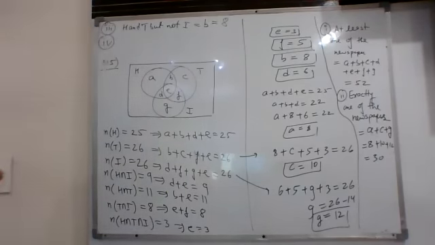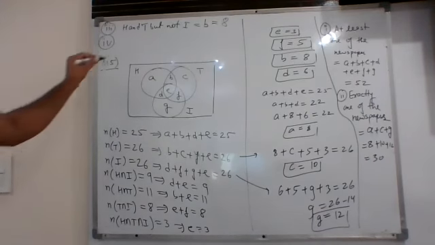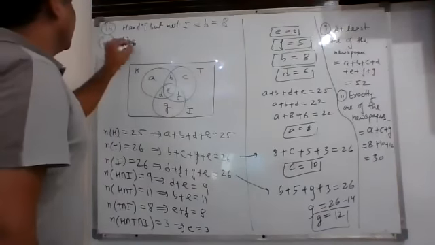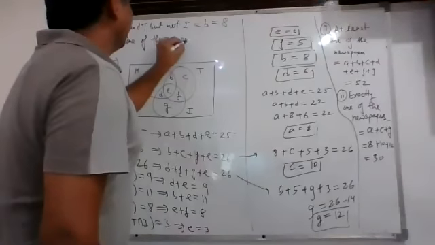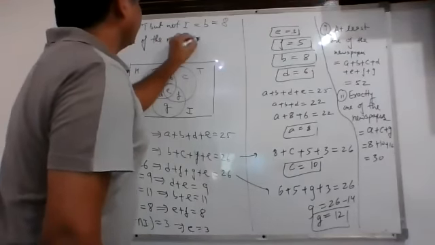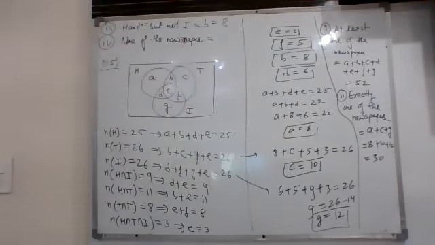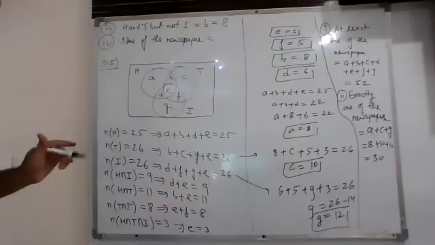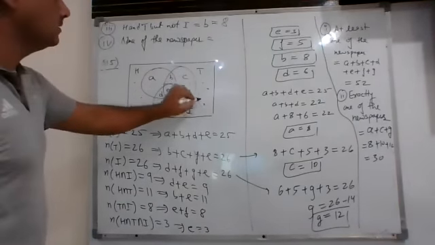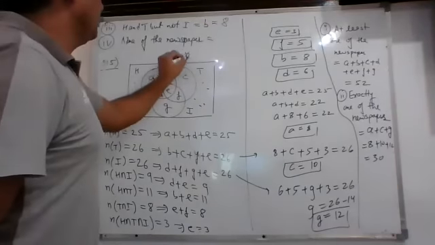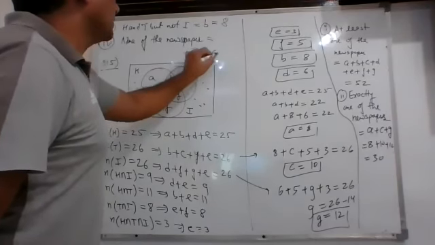Now, if I ask you the fourth part, none of the newspaper. None of the newspaper means the number of persons who are lying over here. As you know, the number of the universal set is 60.